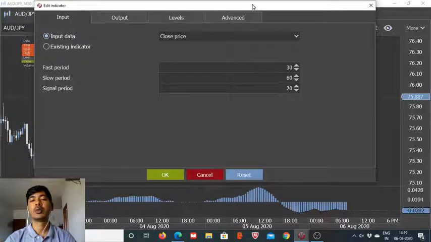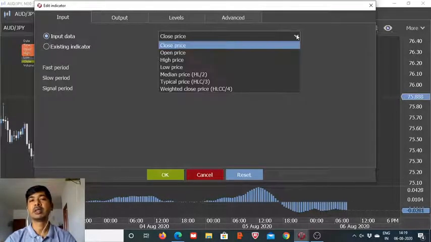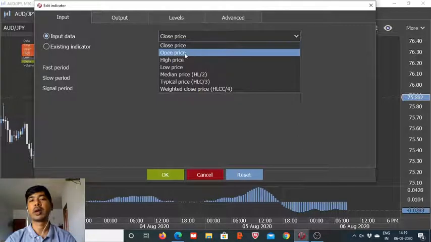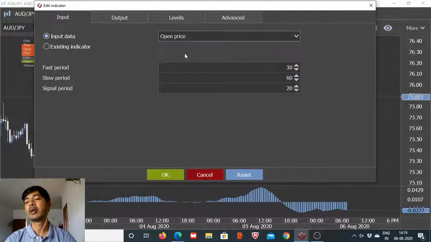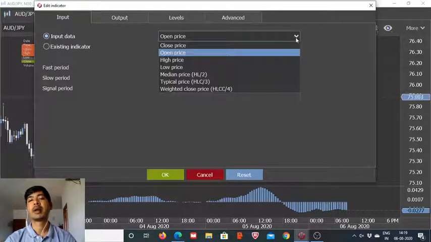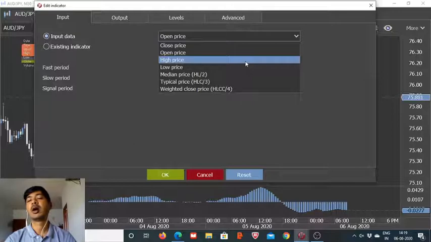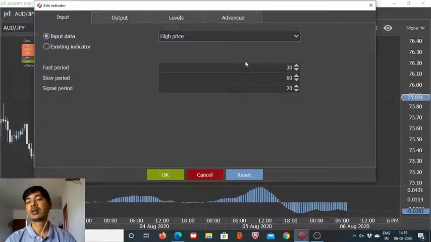So we will do now, just observe these indicator's output values on the lower side of the chart, and here I will change this input data price. Now it is being calculated for the time being at the close price. If we change it to the open price, as you can observe, some of the bars have changed, and that means that with the open price the output value has changed.